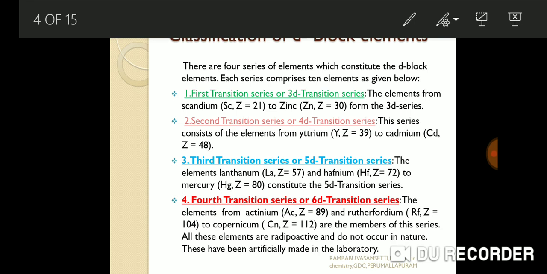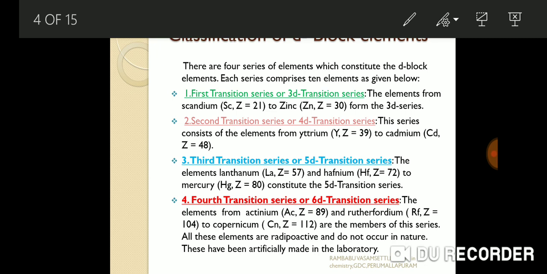These elements run from scandium, whose atomic number is 21, to zinc, with atomic number 30. And the second transition series is also called the 4D transition series. In these elements, the differentiating electron enters the 4D subshell. These elements consist of yttrium, atomic number 39, to cadmium, whose atomic number is 48.